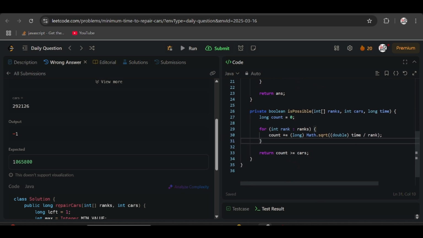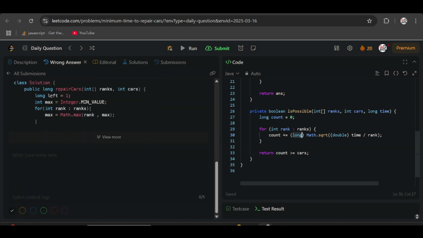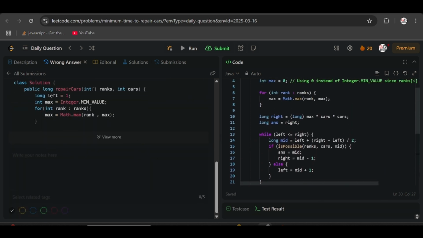So the issue was that I was not converting that Math.sqrt into long. Second thing, we need to initialize the answer with the right, because we are taking the worst case scenario first. In the worst case, the answer will be equal to our right value that we discussed earlier. So now I will just submit it.